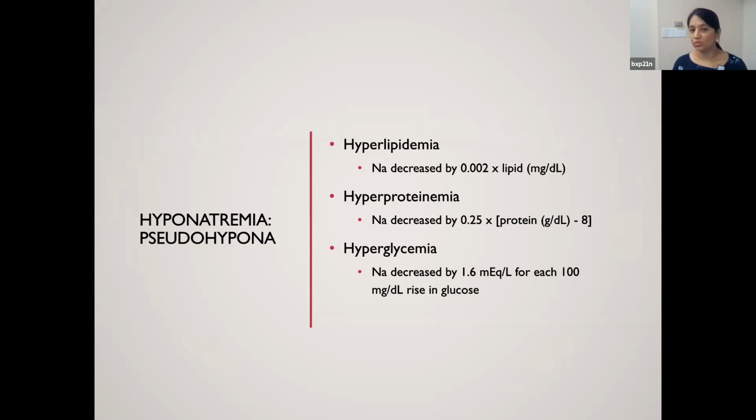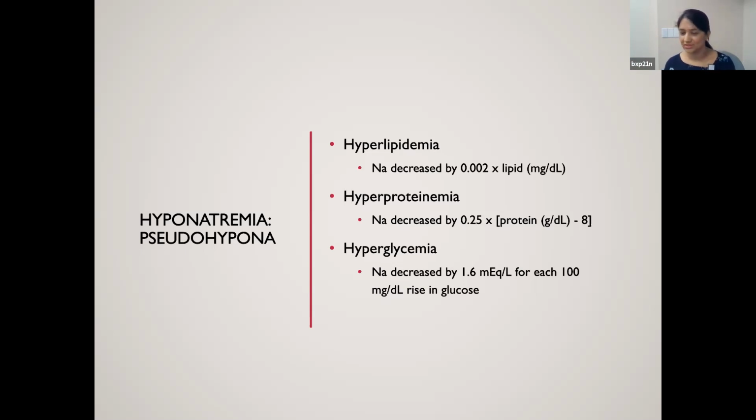Pseudohyponatremia could be seen with hyperlipidemia, though it is not very apparent, sorry, because your correction factor is 0.002, so the lipids must be really high to see that effect, but that can happen. Even with hyperproteinemia, we don't see it especially in kids.